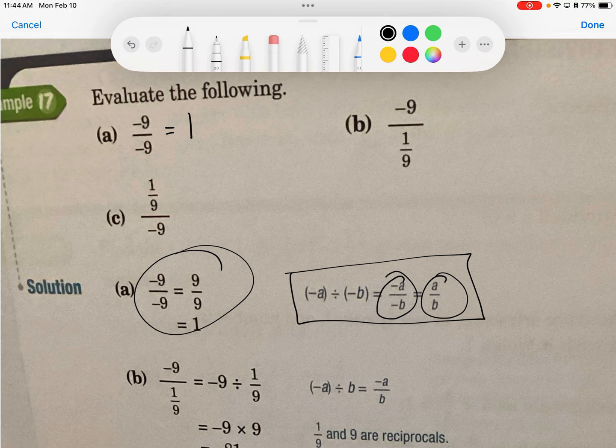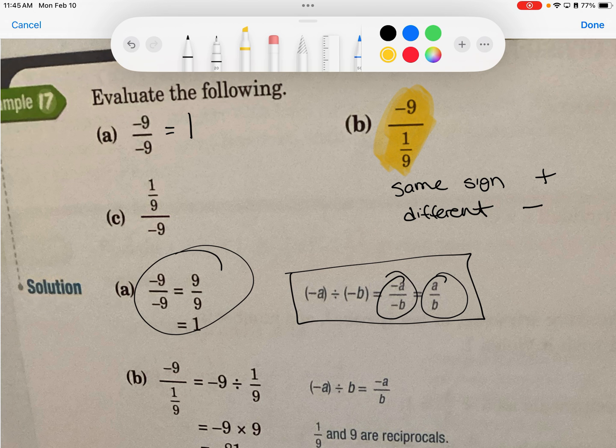Because remember, with multiplication and division, if we have the same sign, we get positive. If we have different signs, we get negative. So let's flesh this out, because you're right. This looks bananas.